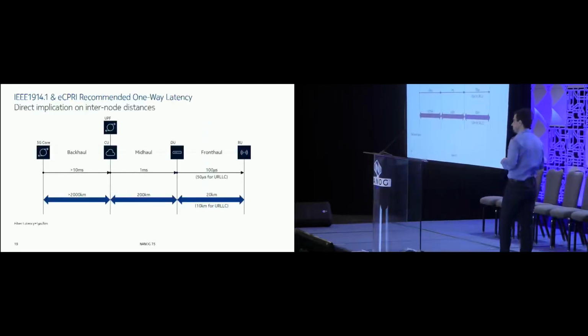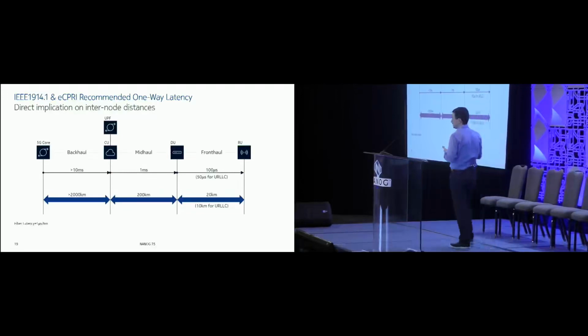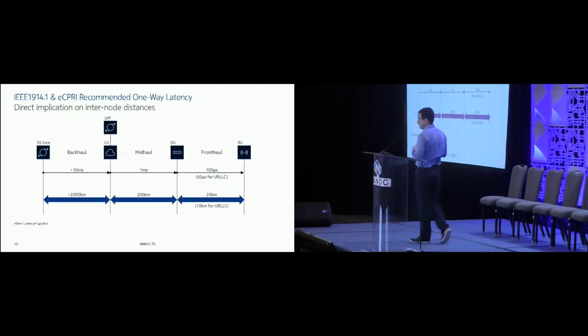Now, what about latency? So I mentioned that latency is actually a key characteristic here because we're talking about intra-radio interfaces. So these are the values standardized by the eCPRI or recommended by eCPRI in 1914.1, and is actually mentioned in TSN 802.1CM as well.